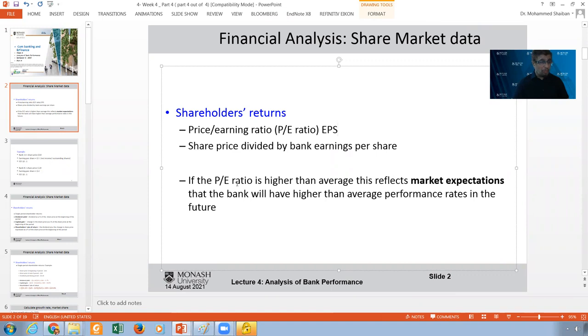Now, the most interesting thing here: if the PE, the price to earning of a bank or a company, compared to the others, is higher, that means there is a potential for growth, and the investors are seeing something in the bank or in that company which makes them pay more for the share price, and this is why this ratio is increasing. Let me give you this example.